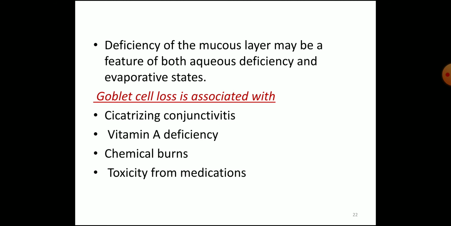Deficiency of the mucus layer may be a feature of both aqueous deficiency and the evaporative state. So you can get both features of an aqueous deficiency as well as the evaporative states.